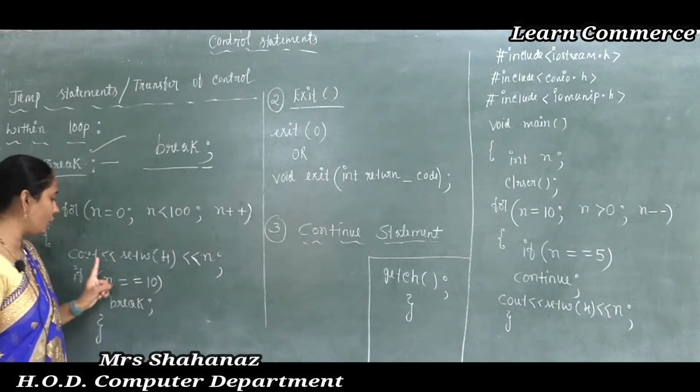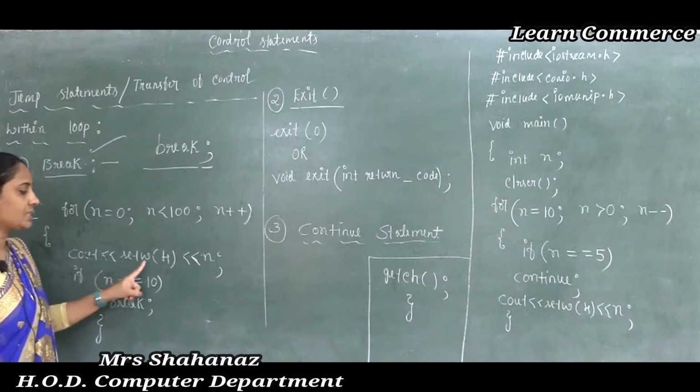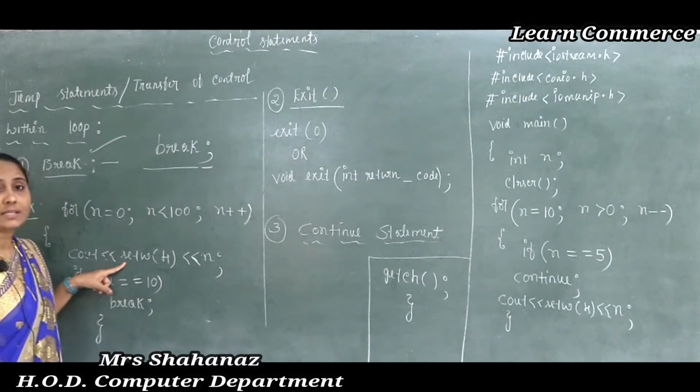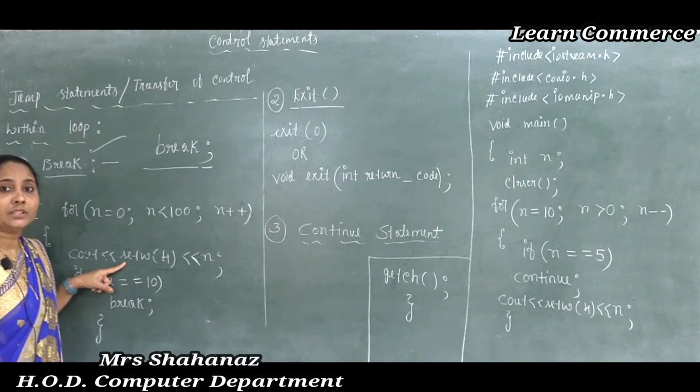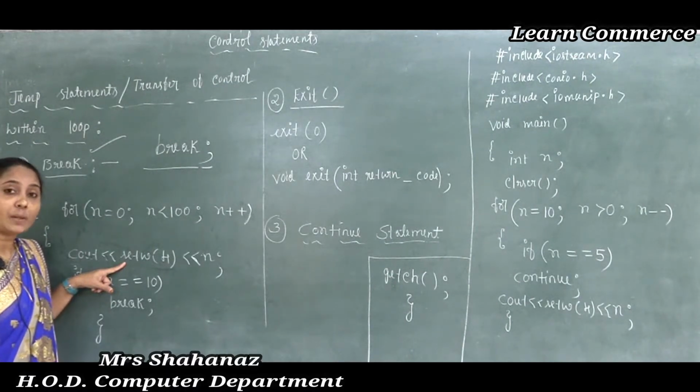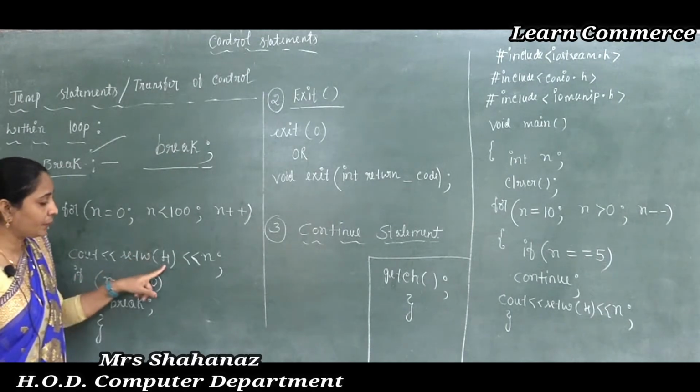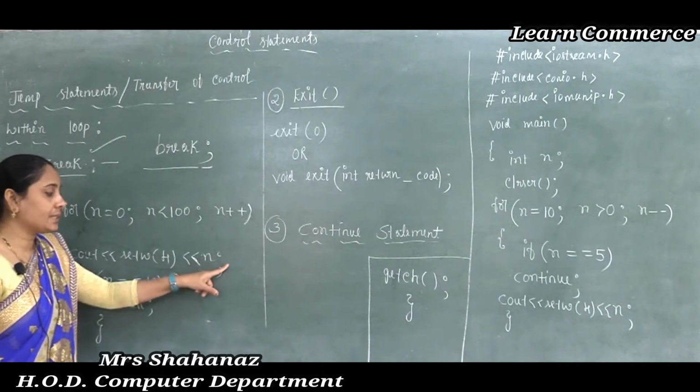I used the cout operator with setw(4), which leaves some space between the numbers to identify them as separated numbers. To separate the numbers, setw(4) n semicolon.